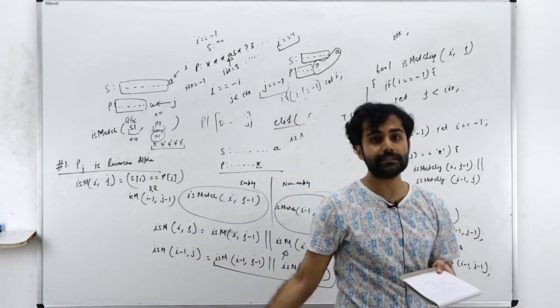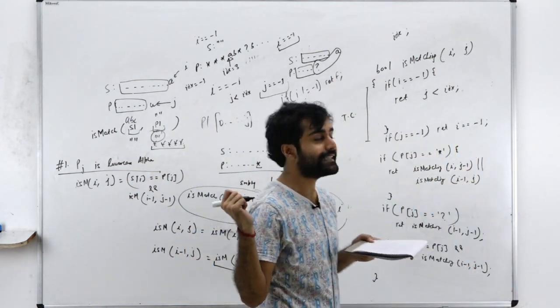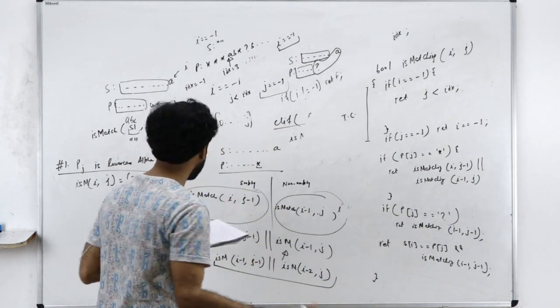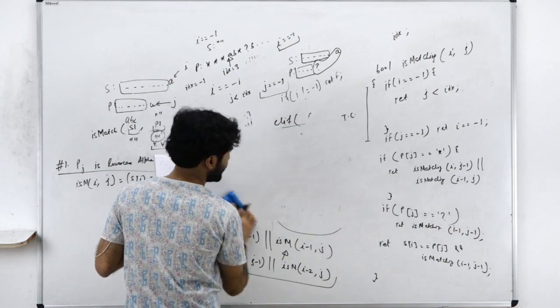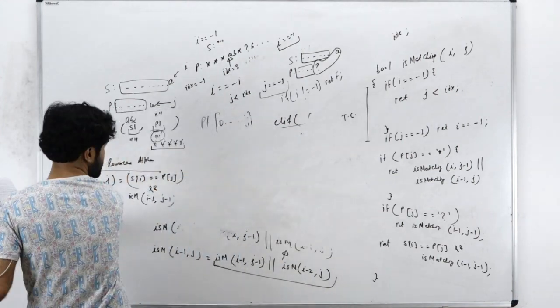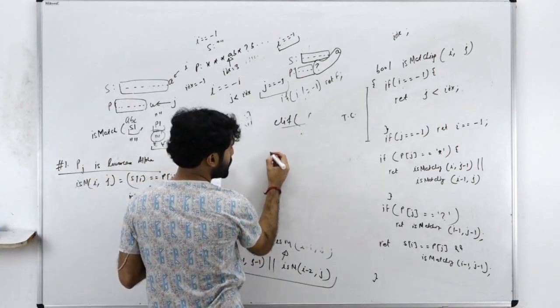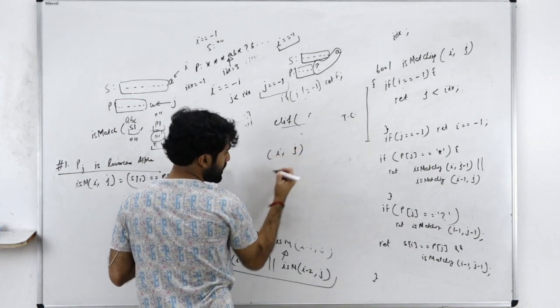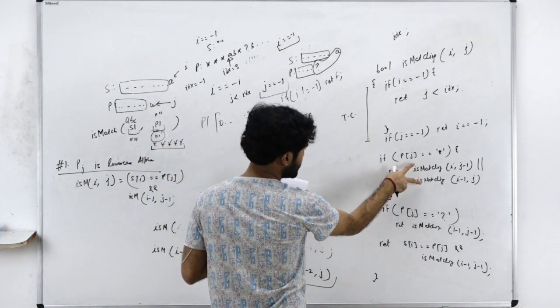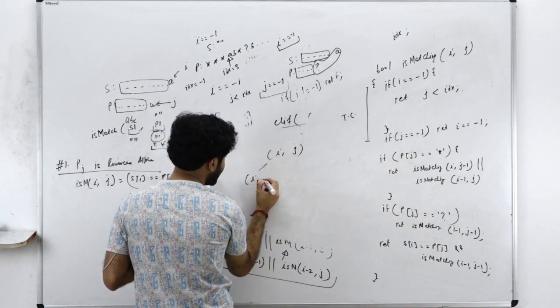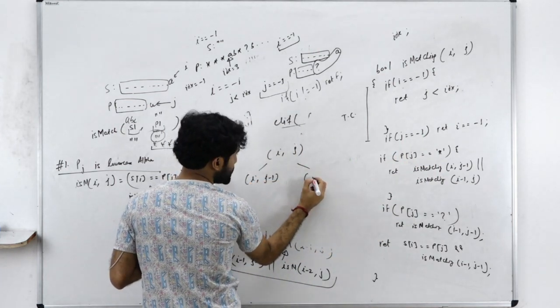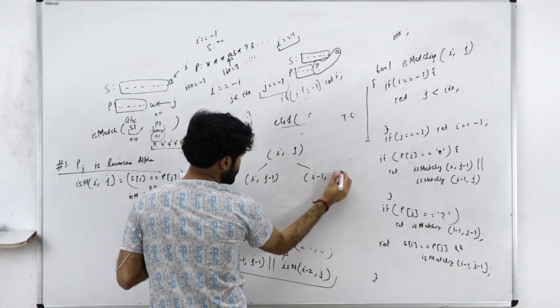Okay, now this is a recursive code. Now you can clearly see that there are many function calls that are going to happen over here. For example, let's say there was a call for i comma j. Now if I consider this case, let's say there was a star at j, then it would call for i, j minus 1, and it would also call for i minus 1, j.